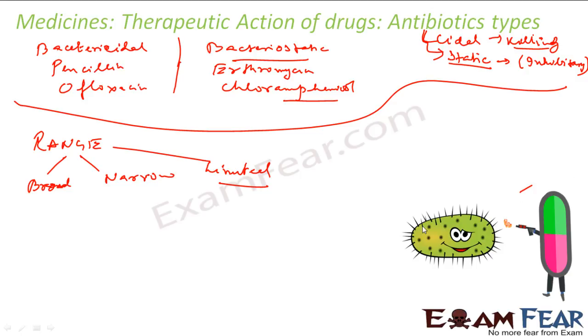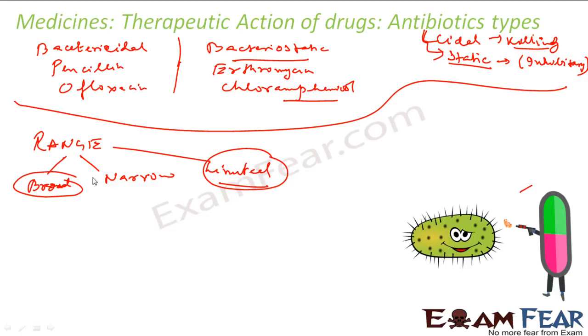If it can kill some hundreds of bacteria, different kinds, I'm just guessing the number, it's a narrow range. Or if it can kill only a particular type of bacteria, it is called limited range, right? Different types of drugs are required because you don't always want to kill all kinds of bacteria. Sometimes you need a limited range. So that is something the doctor will prescribe based on your condition, right?